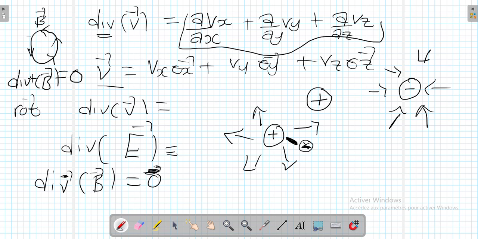For a vector that is diverging or converging, the divergence of E has to have some value. Why? Because by nature, an electric field is always either diverging or converging, depending on the nature of the charge, whether it's positive or negative.